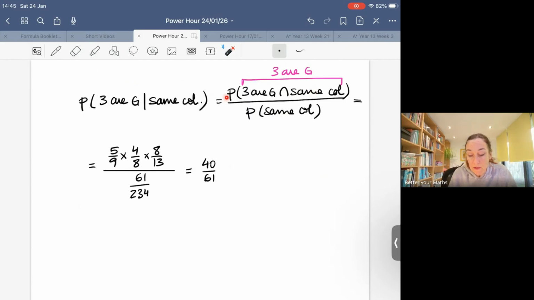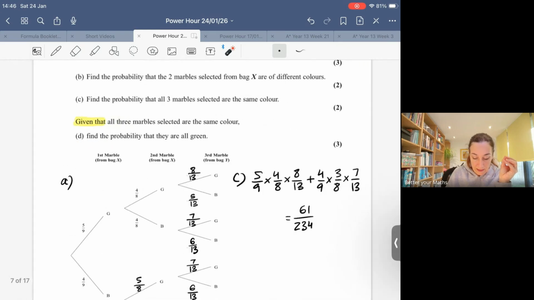Yeah, so in the numerator, I have the intersection between these two things happening, that the three are green and the three are the same color. What options do I have for the three green and the same color? Sometimes it's difficult to see what the intersection means, but for same color and three green, the only option is three green. So here I'm writing the probability that the three of them are green. It's just that. That's my numerator.